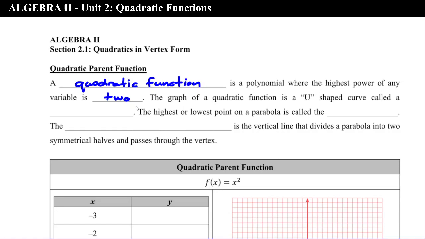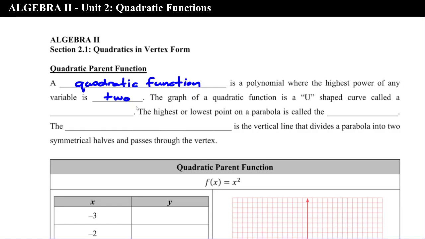You also need to have that x squared term, because if you don't have the squared term and you just have, say, 3x plus 5, then it's not quadratic, it's linear. So it has to have a power of 2 in it, nothing higher. We can have some that are lower, but that second power term has to be there.